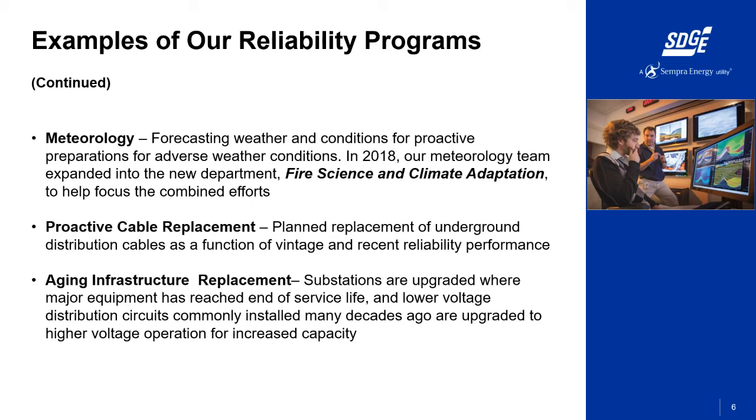So given that the underground system really started to grow in a big way after the late 60s, you can do the math real quick and you can see quite a few cables will be reaching the end of their service life and have reached the end of their service life, and this proactive cable replacement program has been active for some number of years.